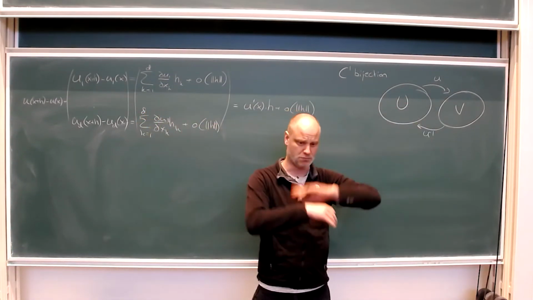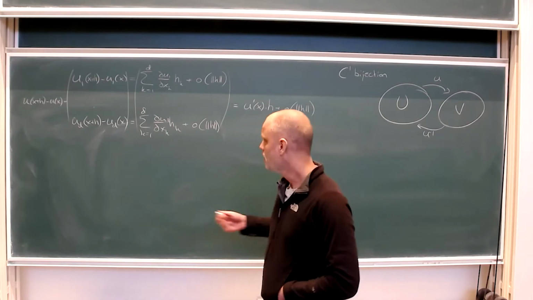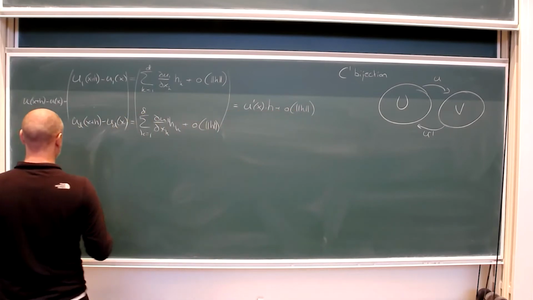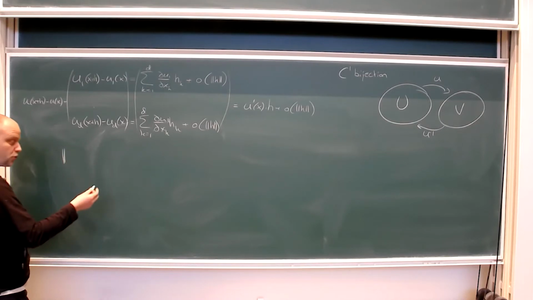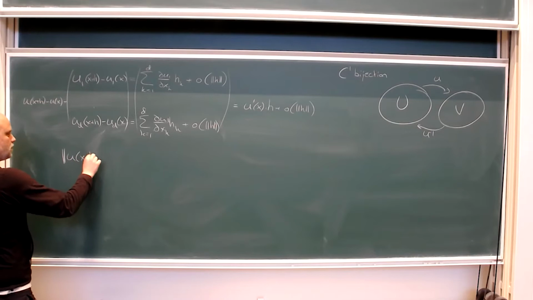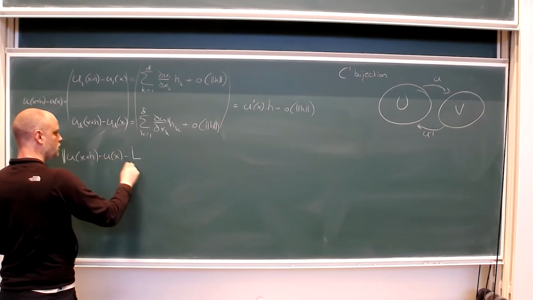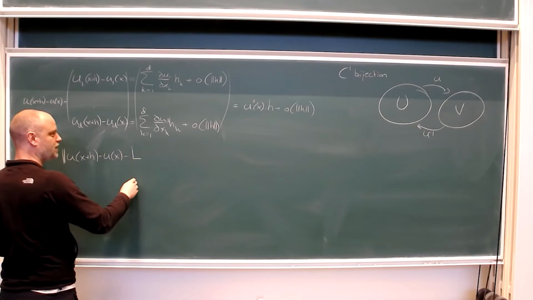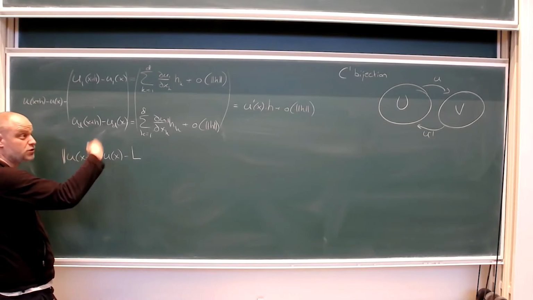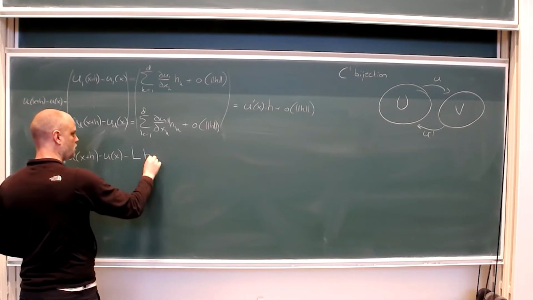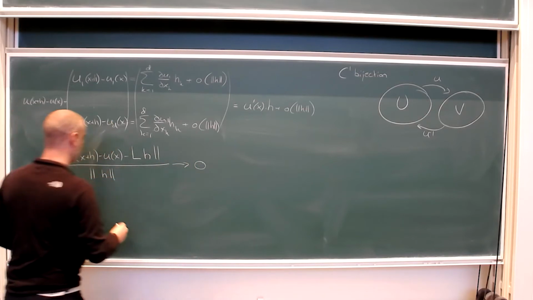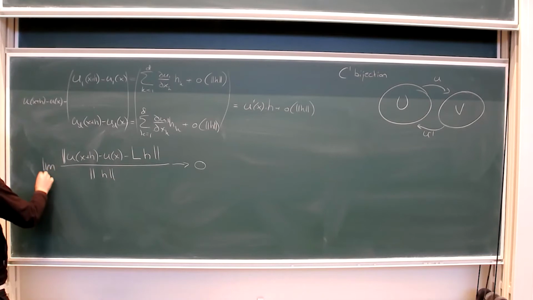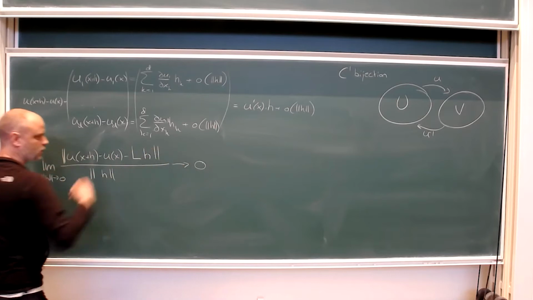So if u and v are some infinite dimensional spaces, then the way you go about it is you say that u is differentiable at the point x with derivative L, where L is a linear operator from the space u to v, if you have this, so the limit as norm of h goes to 0 of this quotient is 0.